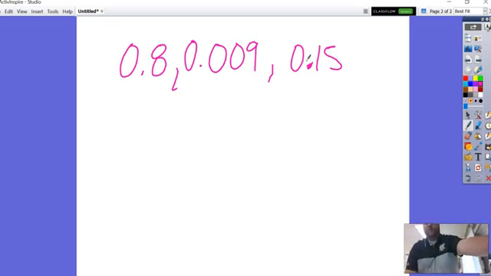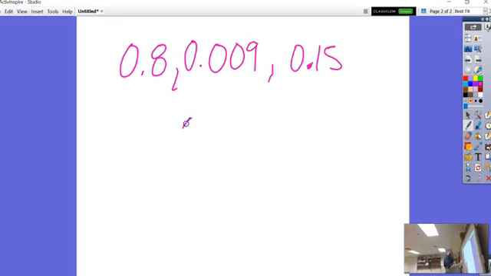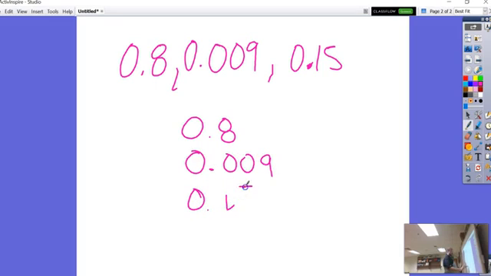Now, the easiest way to do this is to take all of your decimals and line them up vertically so the decimals line up. I'm going to write them in the same order: 0.8 for 8/10, 0.009 for 9,000ths, and 0.15 for my 1500ths.